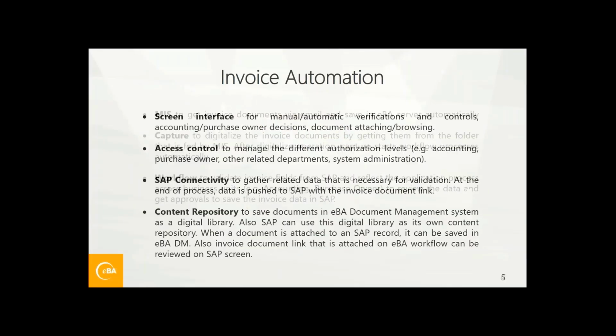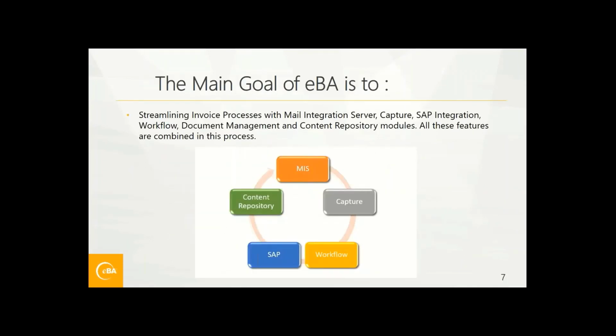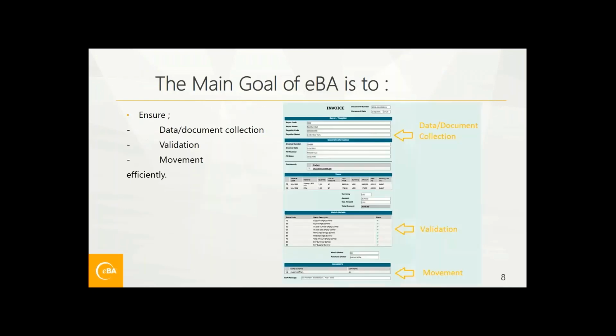Let's see the benefits of this process. The main goal of eBA is streamlining invoice processes with the mail integration server, capture, SAP integration, workflow and document management, and content repository modules. All these features are combined in this process, and it provides you efficiency and cost reduction. And also, we can ensure data and document collection, validation, and movement efficiently.